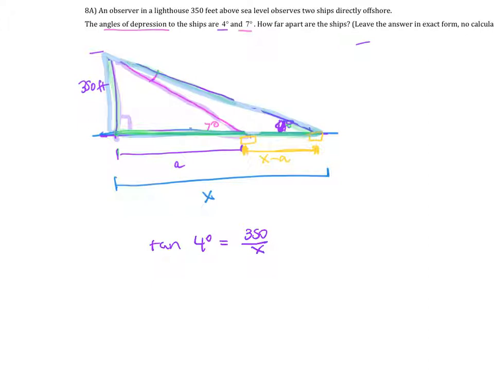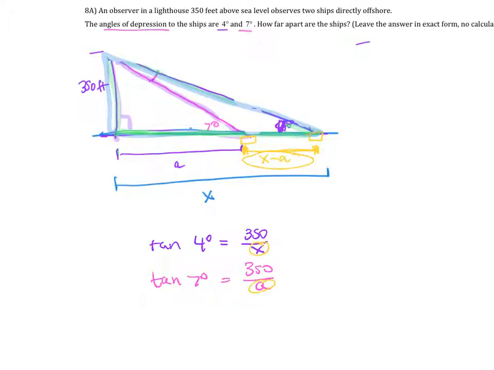Then let's write the other one with the 7 degrees. Tangent of 7 degrees equals 350 over a. Remember, we're trying to solve for x minus a, so we have an x here and an a here.